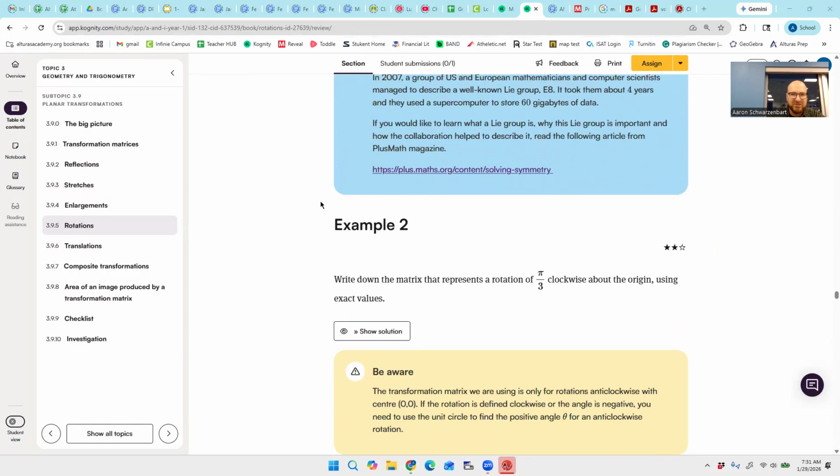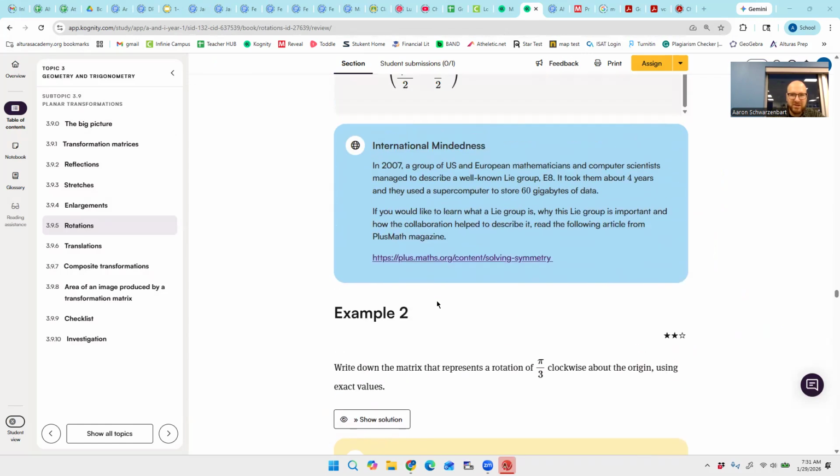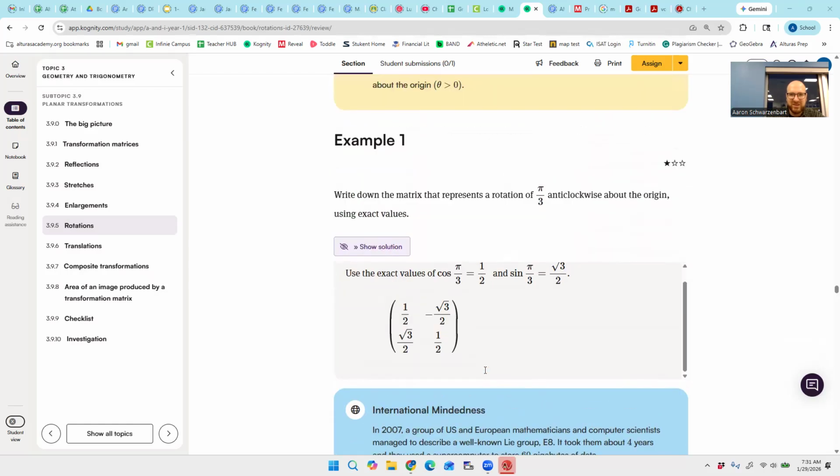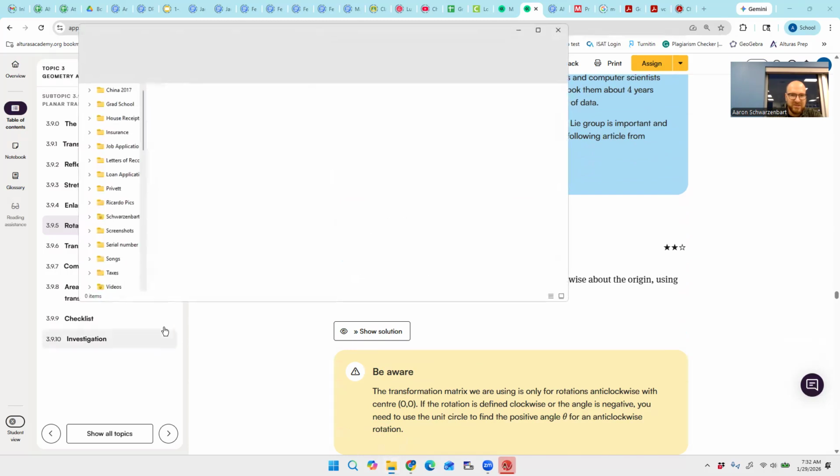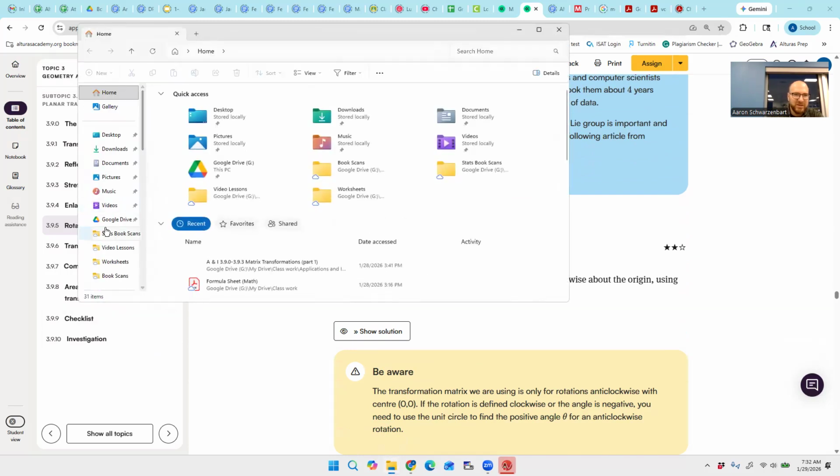So again, it's really helpful and important, and it does say using exact values. So that means leave the square roots in there. Really important to just have that formula packet handy so you know which one you're using for whatever you're doing.